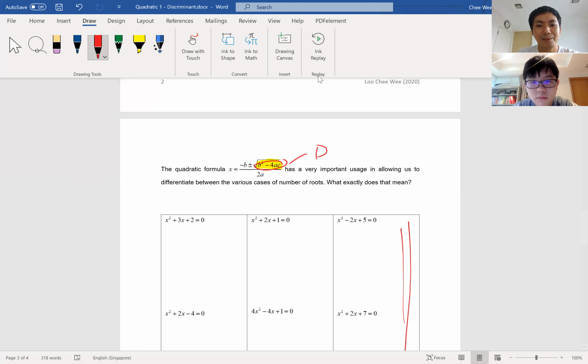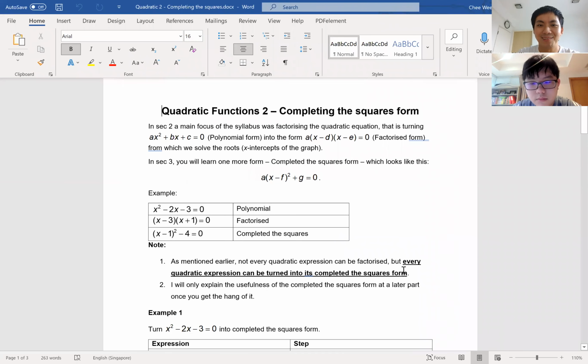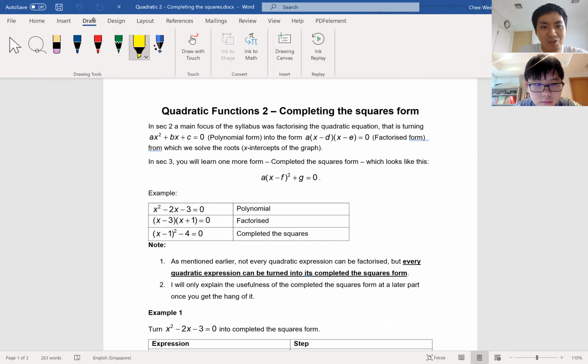What is laborious, or the most laborious part of quadratics to me, is actually the completed the squares form. For quadratics, you should have 3 forms in general: the polynomial form, and the factorized form, assuming it can be factorized. From the polynomial form to the factorized form, I can only have the a on the outside because it's the leading coefficient.